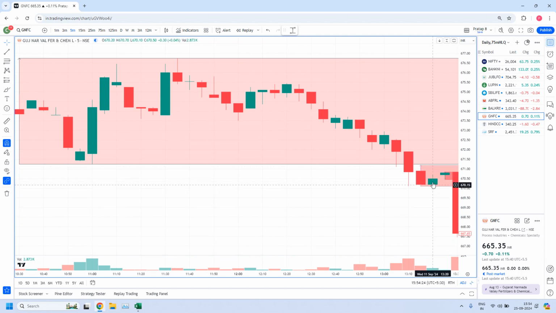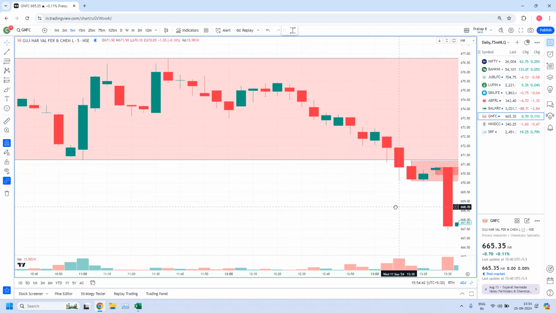So I consider this as a leg in, base candle, and then drop candle. Actually you can also take drop, 2 base candles and drop. This is also possible, drop, 2 base candles.